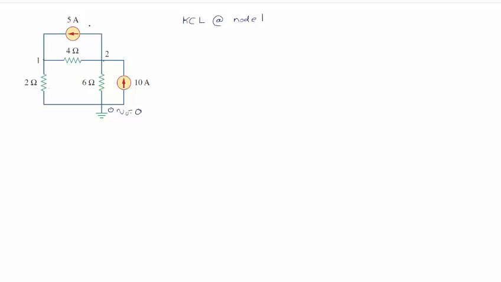I'm going to call this one I1 because it's already known. I1 is 5 amps, and 5 amps everywhere here, both in and out of the nodes. I2, I am going to define as being, guess it to be, that direction. I'm going to guess I3 to be that direction. I'm going to say that this is I4, so it equals 10 amps. And then I'm going to say this is I5, and again I'm going to guess it to be that direction.